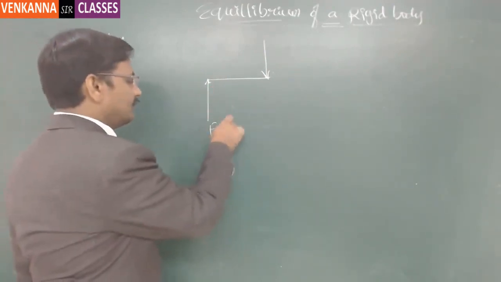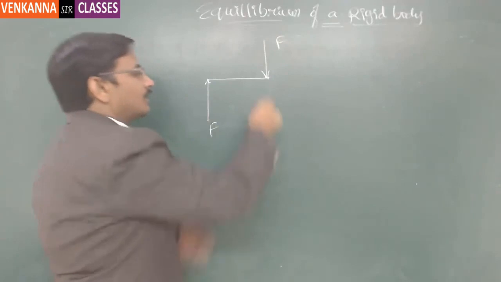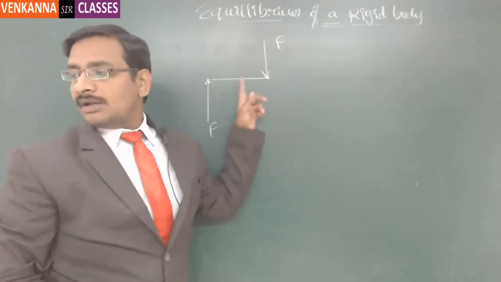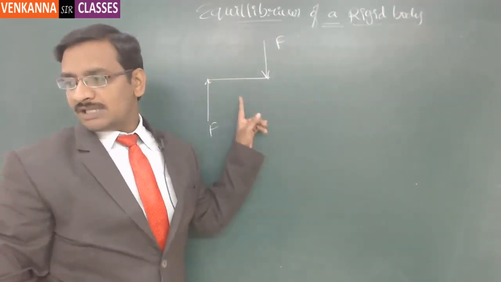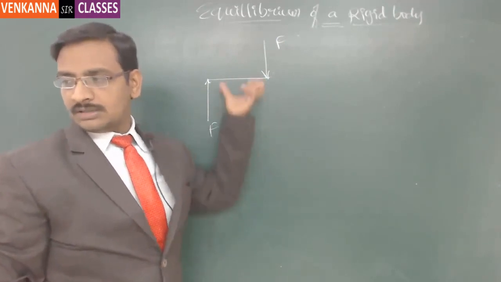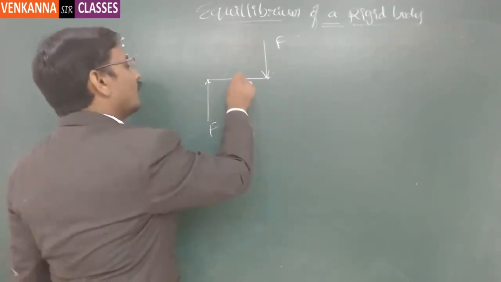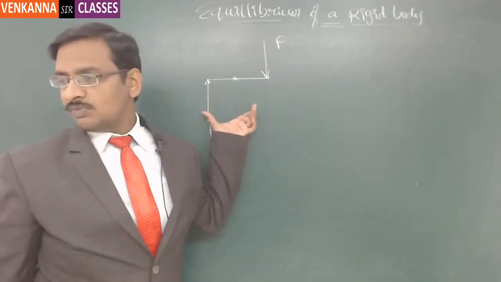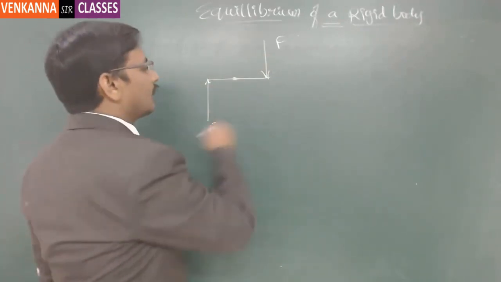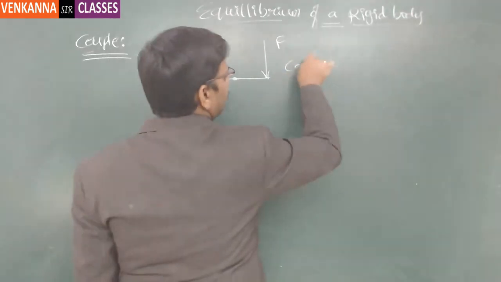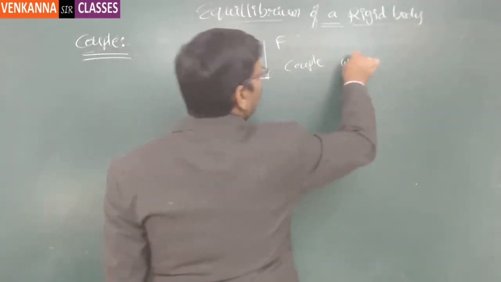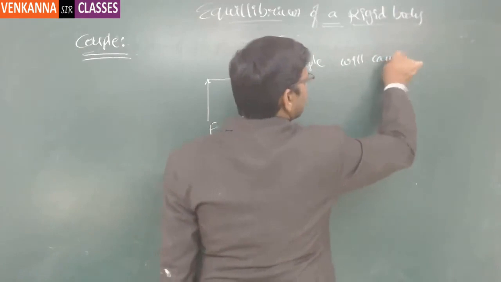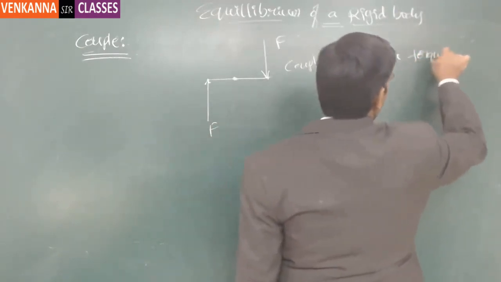This is F and this is also F. Then it will try to rotate this body rather than having a linear displacement in this direction or this direction. So it will try to rotate this body about its center of gravity. After the application of these forces, this scenario is called a couple. So this is a couple. A couple will cause torque on the body.